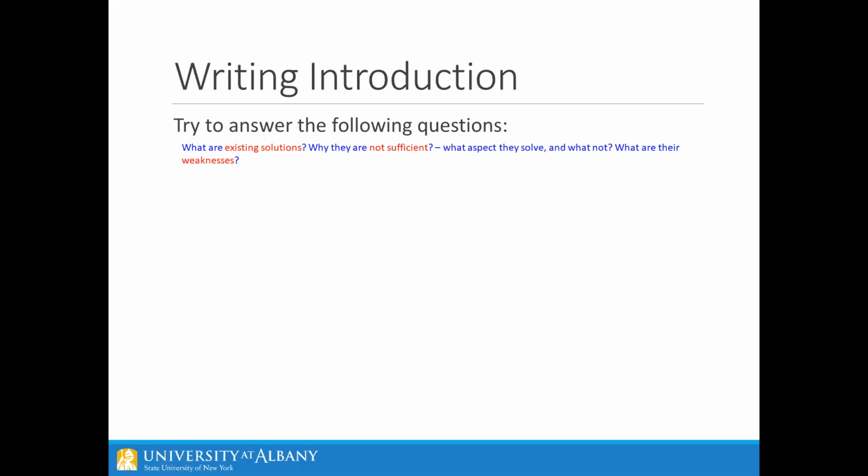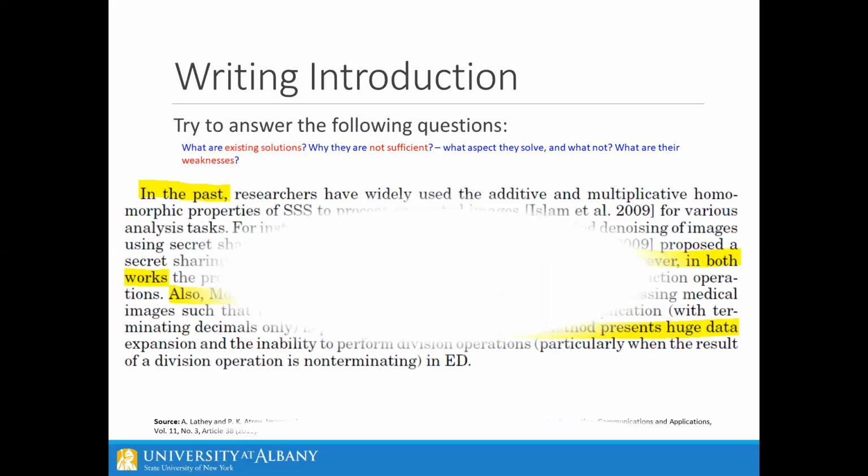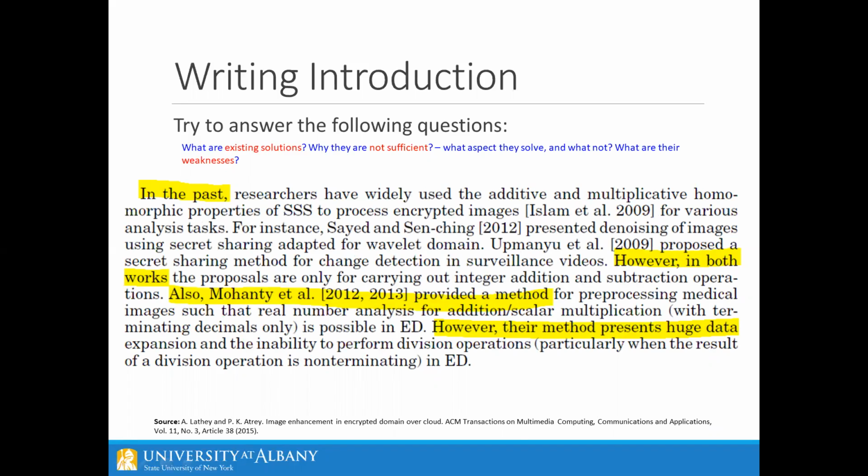For the other question, why they are not sufficient, what aspect they solve, what not, and what are their weaknesses, we could add something like this. This is coming from another paper which was published in 2015, and we mention it like, in the past researchers have widely used this method, these properties of this method. However, in both of these works, we mention two works here, Islam et al. 2019, Manu et al. 2009, and Sinching 2012.